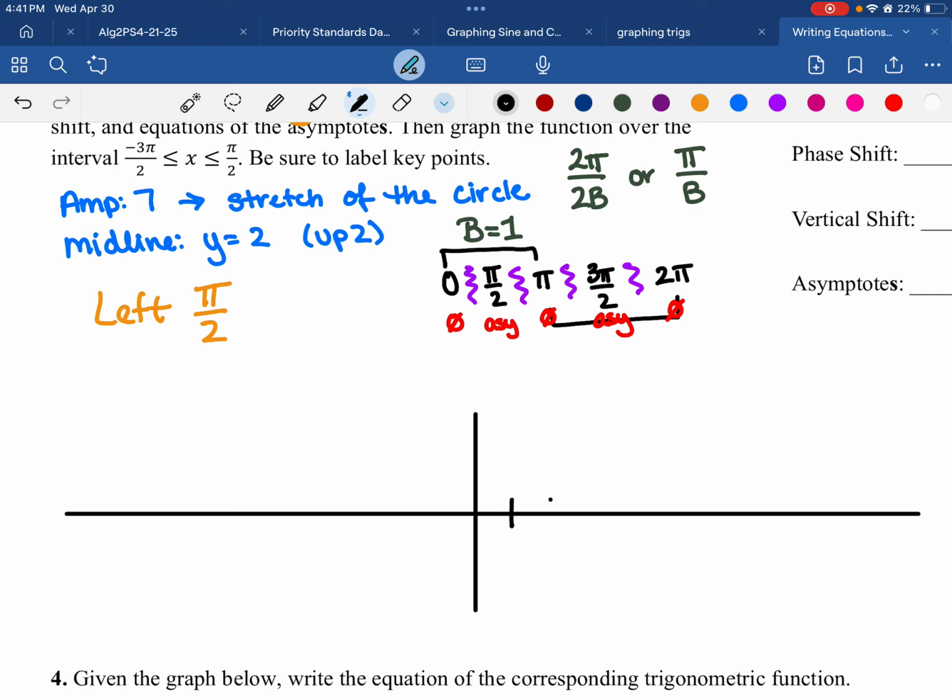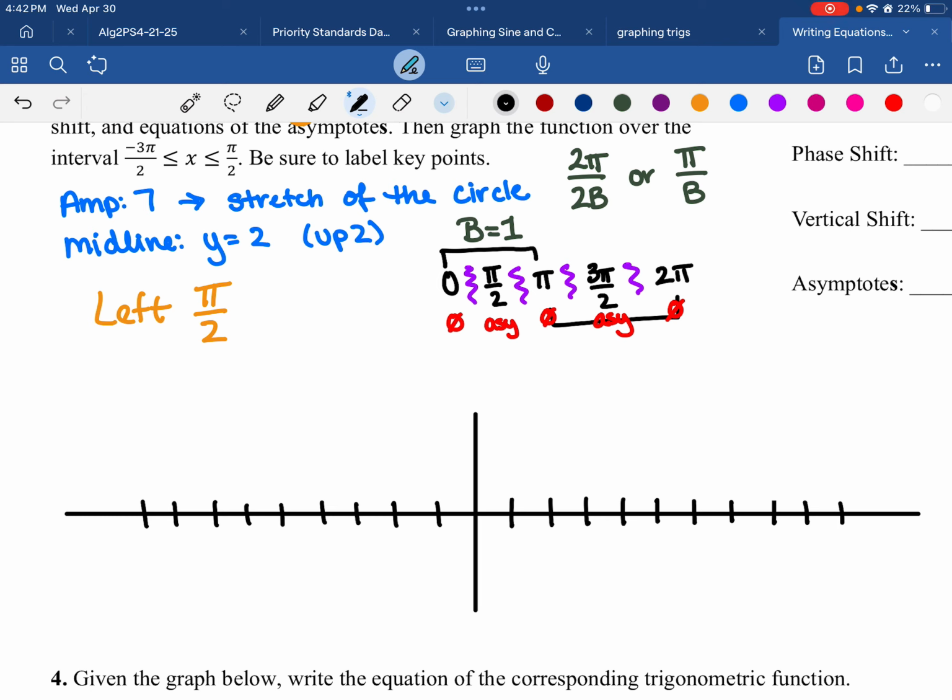I'm going to do them a little bit smaller than what I've been doing them, because what we're going to do is we're going to skip every other one for my intervals on the unit circle that we've been using this whole time, so my normal cycle values, and then we'll worry about cutting them in half in order to get to the other values. So I may have way more ticks than I need, but I would rather plan ahead than not have enough and have to extend my lines.